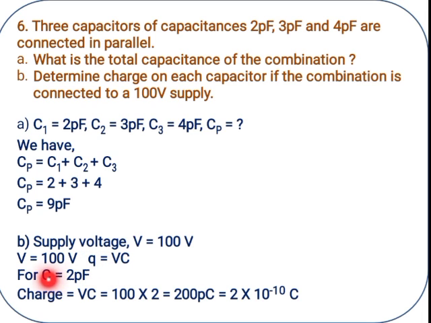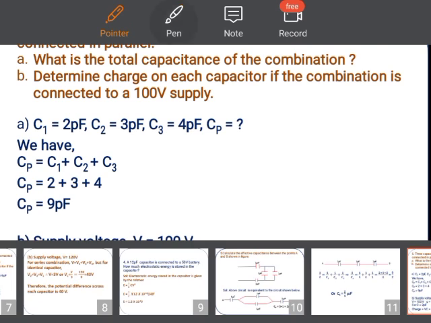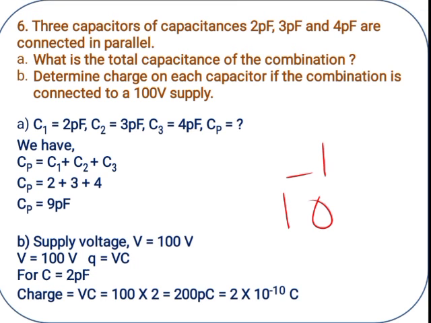For C equal to 2 pF, charge Q is equal to V into C. V is 100, C is 2, so total 200 picocoulomb. Pico means 10 raised to minus 12, but here it is 200, so 2 zeros we have to deduct, so it will be 2 into 10 raised to minus 10 coulomb.